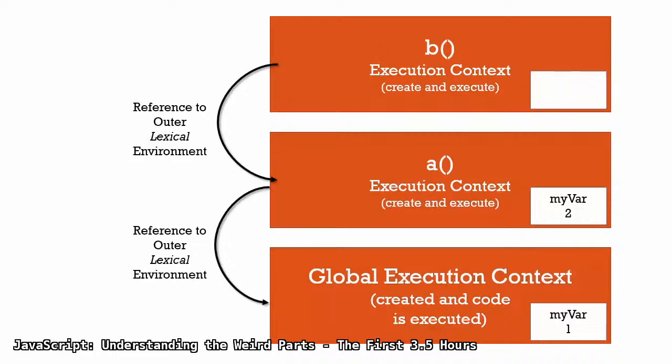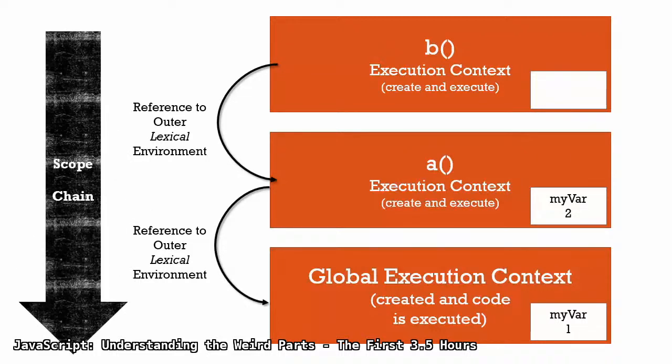And A's would then still be the global. And so when we asked for myvar this time, when it went down the scope chain because it couldn't find it in B, instead of going to global, it went to A. Found myvar, it said, hey, you asked for myvar, and when I went to the outer lexical environment, I found myvar, and so it's 2. Make sense?